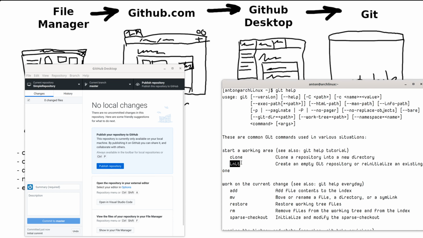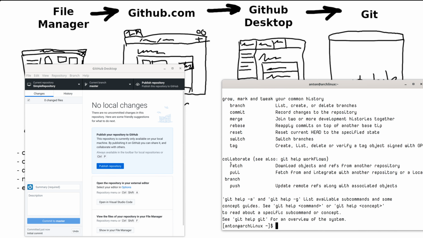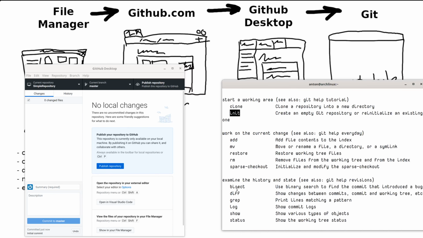You don't need to always look at the help message, because with time you will remember the commands and it will be automatic. I don't use help at all. I just want to show you that it's possible to view all of them here.